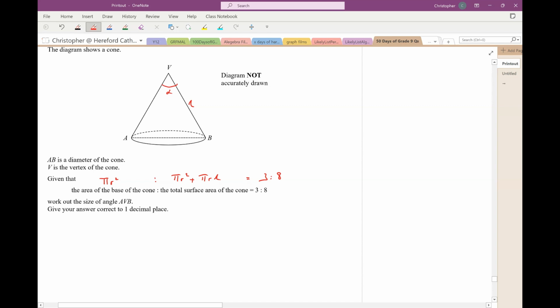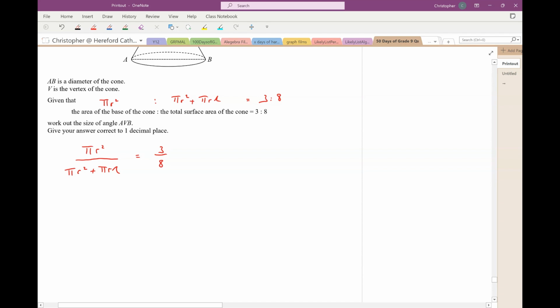So we know that pi r squared over pi r squared plus pi r l is 3/8. I can simplify that fraction by dividing top and bottom by pi r. That leaves me with r on the top, and on the bottom I get r plus l, and that equals 3/8. If I multiply both sides by 8, I get 8r over r plus l equals 3.